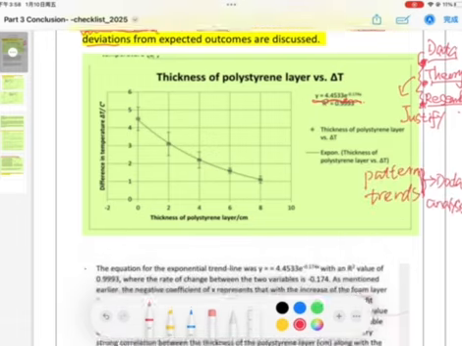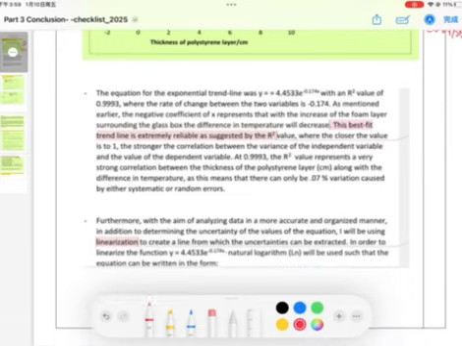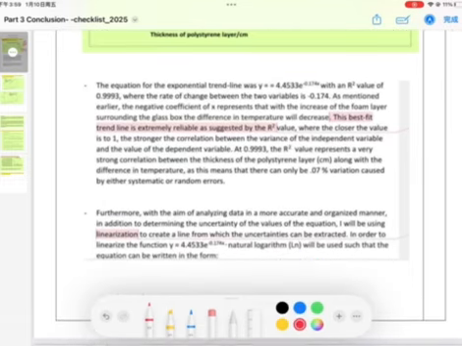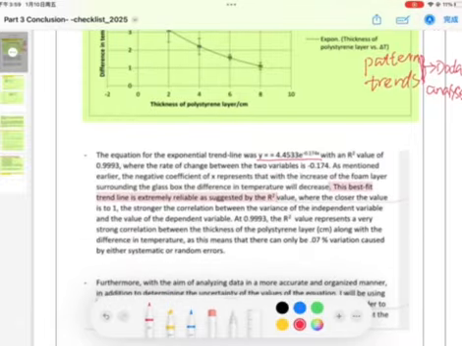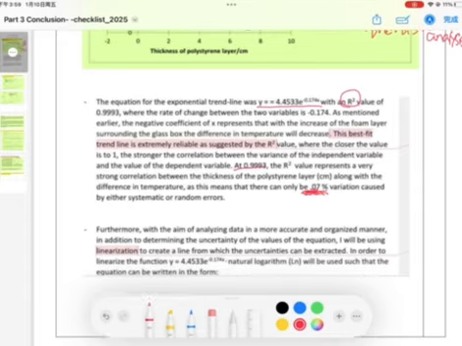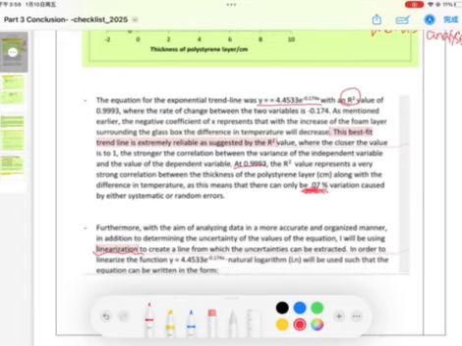We could have some further examples like this one over here, talking about the trend, the equation, correlation, and deviations, and also talking about linearization and what would be the possible relationship or function between x and y.